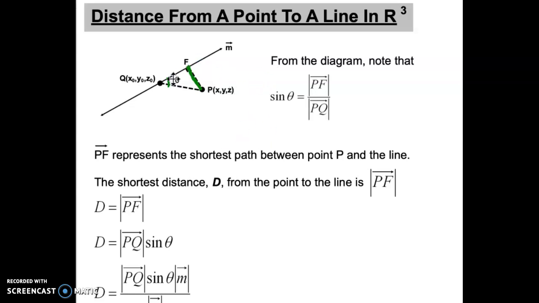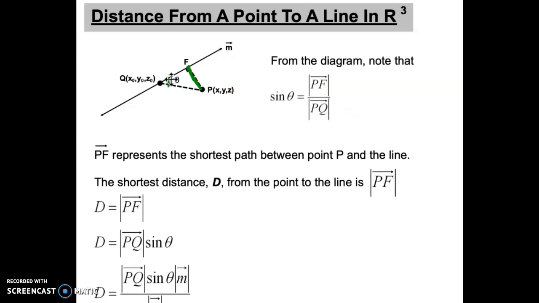So what we're actually going to start by doing is relating this angle here, the angle between our line and PQ, to the length of this distance, the magnitude of PF. And the way we do that is using SOHCAHTOA.